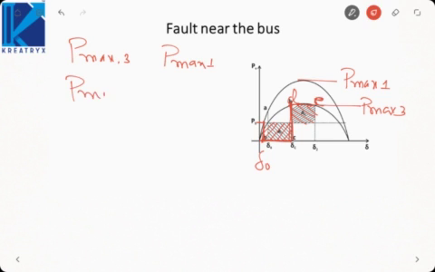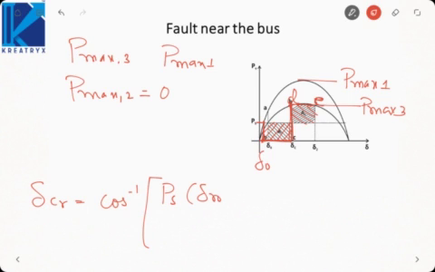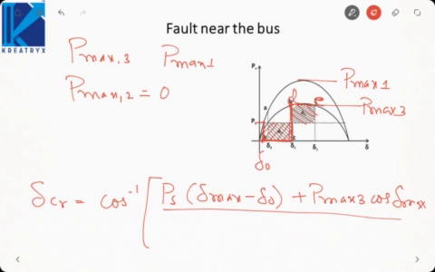But Pmax 2 is 0. So if we directly determine delta Cr from the expression that we derived earlier, it will be Ps (shaft power) times (delta max minus delta naught); the Pmax 2 term will be removed; plus Pmax 3 cos delta max, upon Pmax 3.